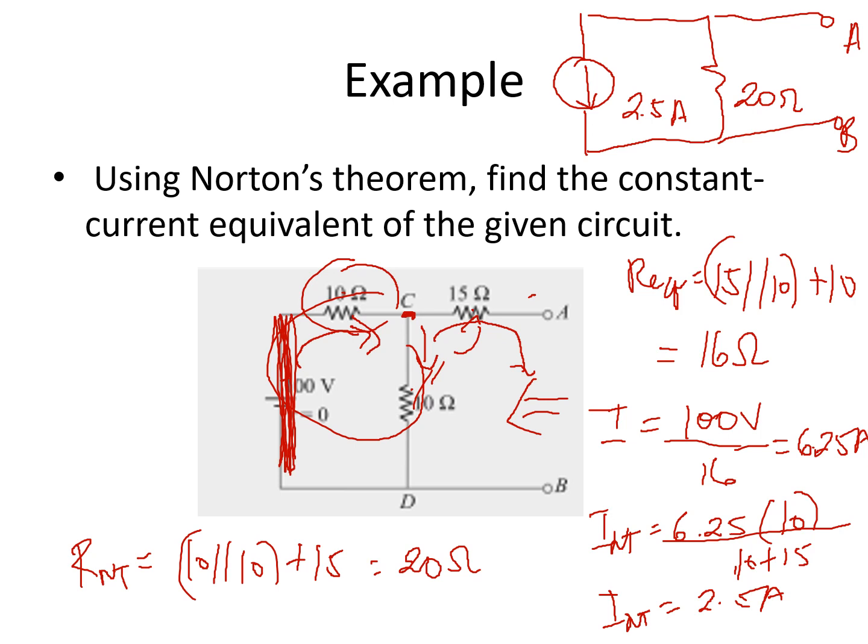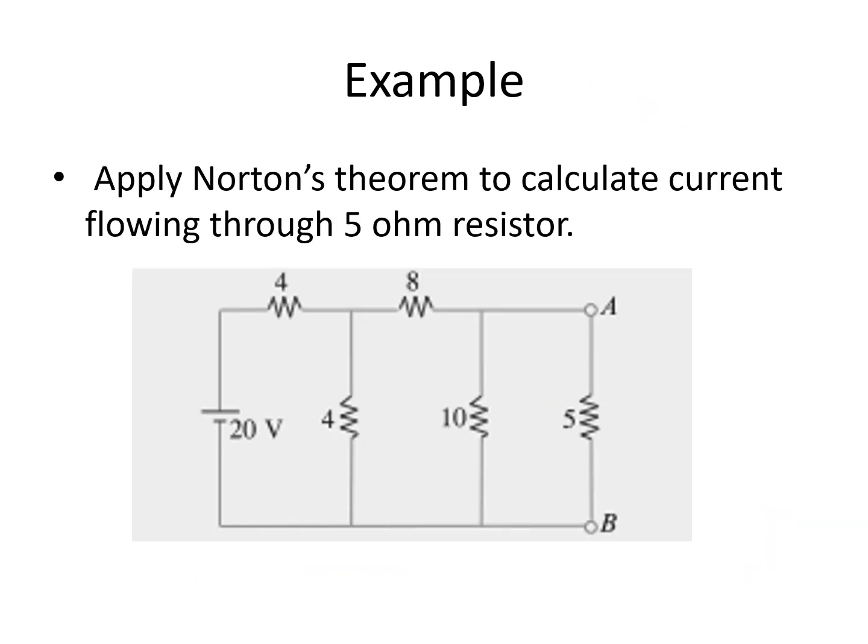Okay, so let's have another example. It says here, apply Norton's theorem to calculate the current flowing through the 5 ohm resistor. So what do we do? We remove your 5 ohms, and then we make this a short circuit.